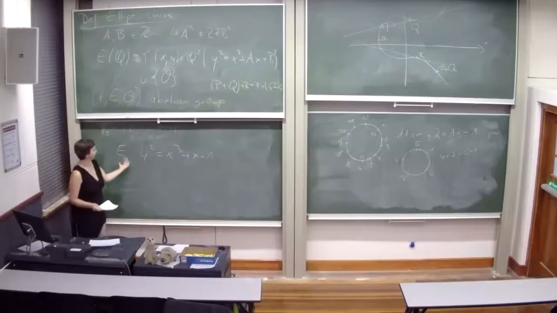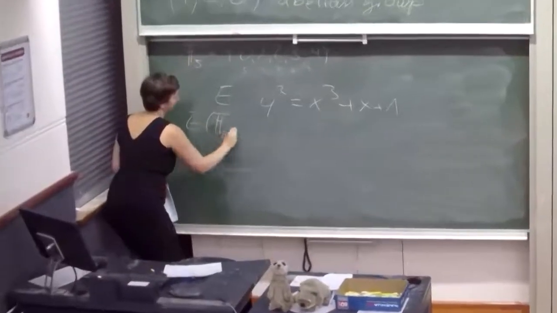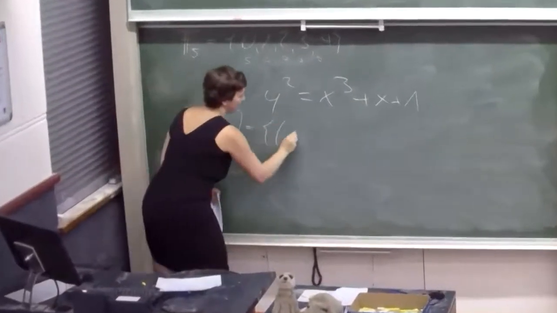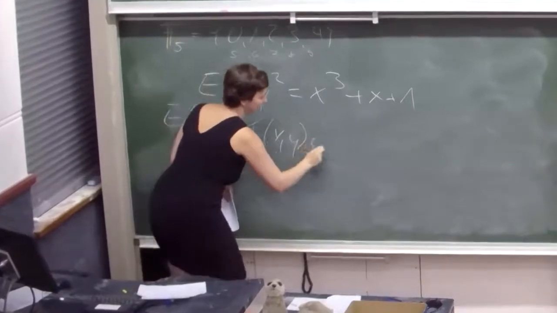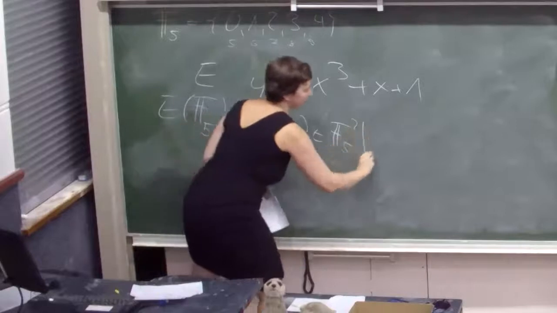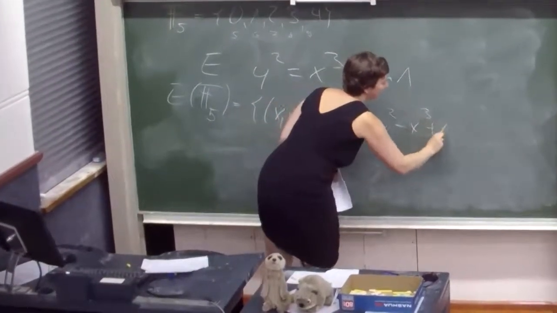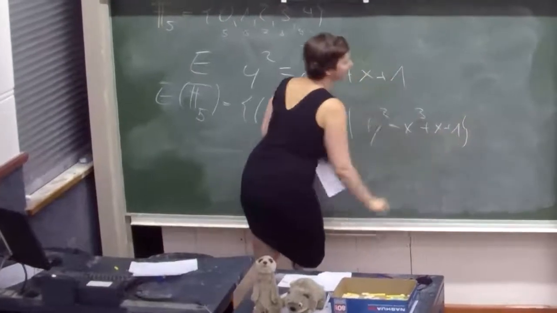Okay, so we have this elliptic curve, and now the set of points with coordinates in F5 will just be all x and y, where x and y are in F5, such that y squared is equal to x cubed plus x plus 1.